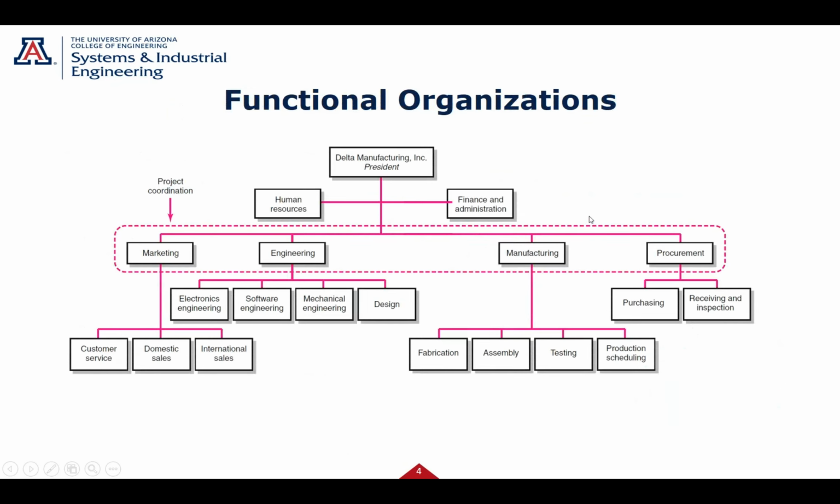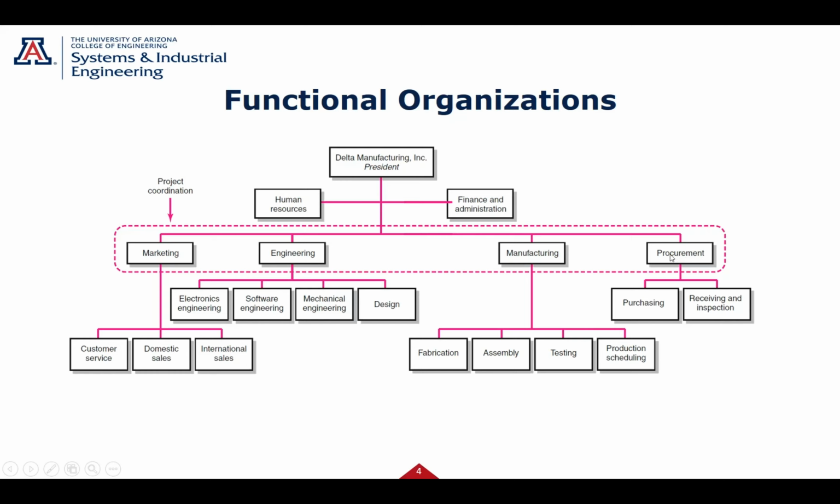So let's look at them. We're going to go over four. The first three are really the key ones. The first one is called functional organizations. So what does functional mean? If you get out in the business world, functions are marketing, engineering, manufacturing, procurement, or supply chain, depending on how your company calls it.